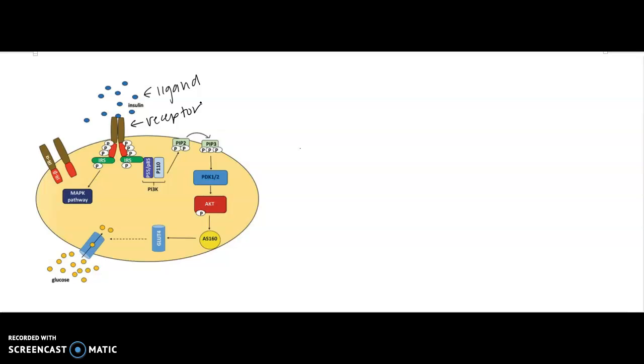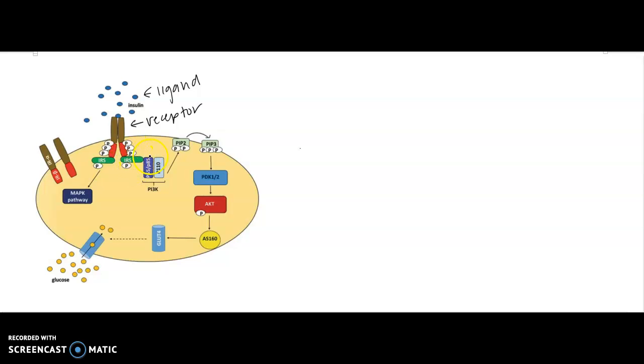Okay, so what is the ultimate response? Okay, so I'm going to follow this. There's two different things happening. So one of the responses is that this MAPK pathway is turned on. Another response, this one requires more of a transduction pathway, but I'm just following the arrows. So the ligand binds.